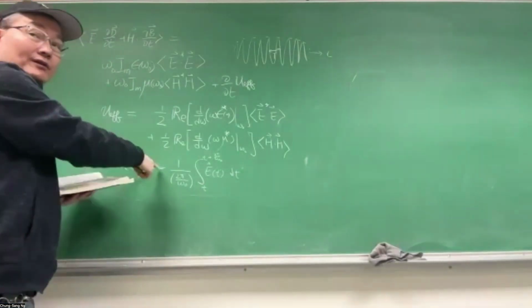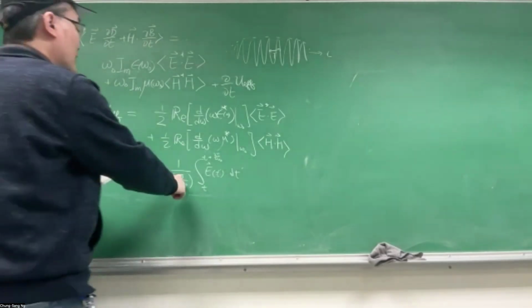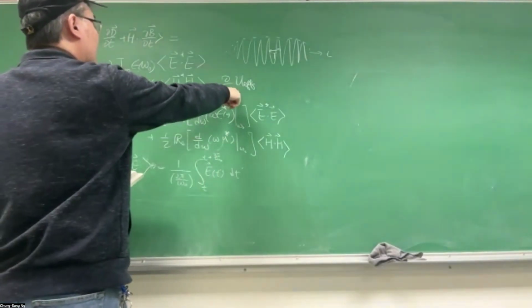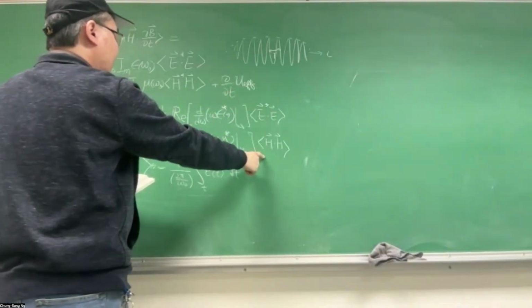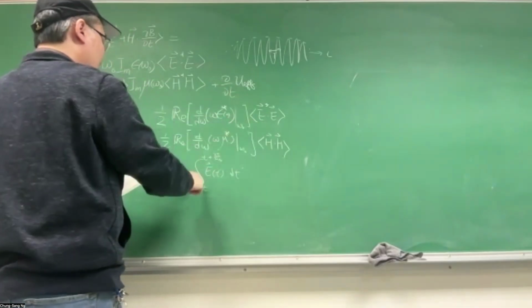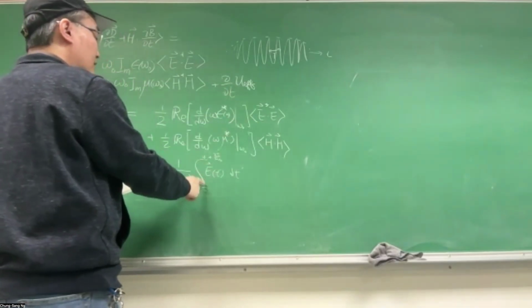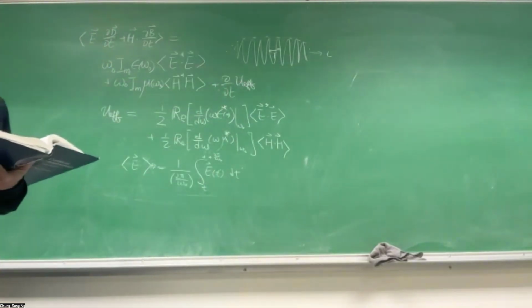The fast time is averaged out, but you still have this slow time, so that goes into this period.